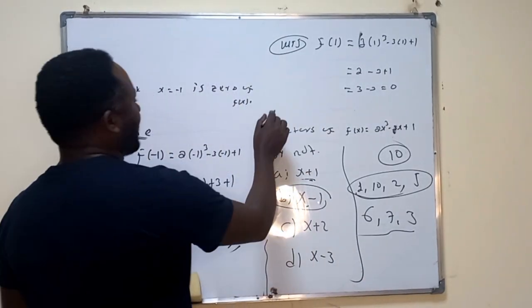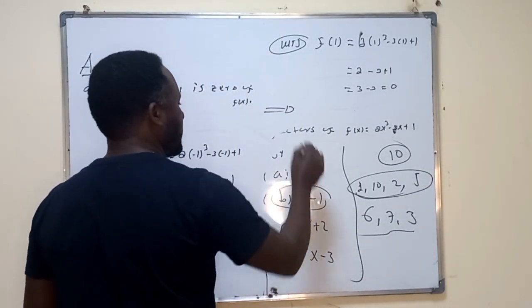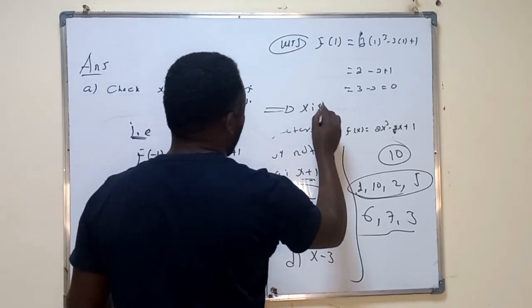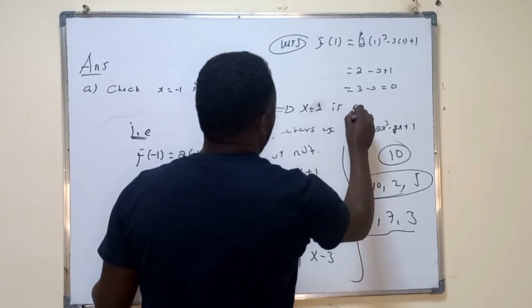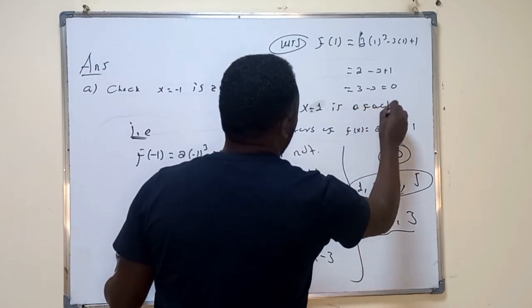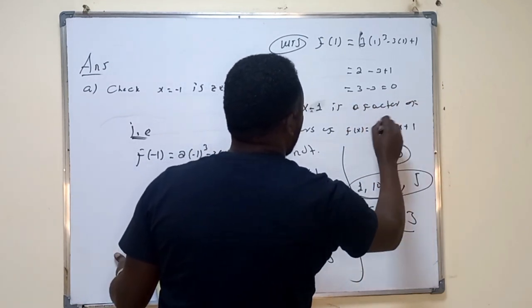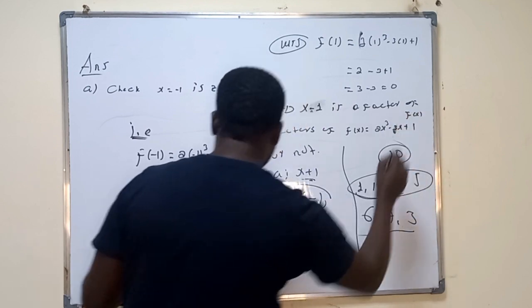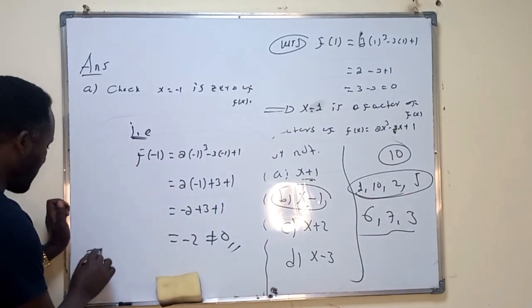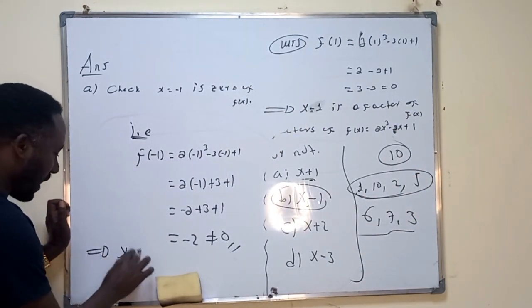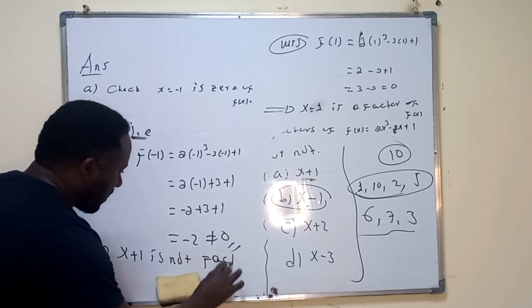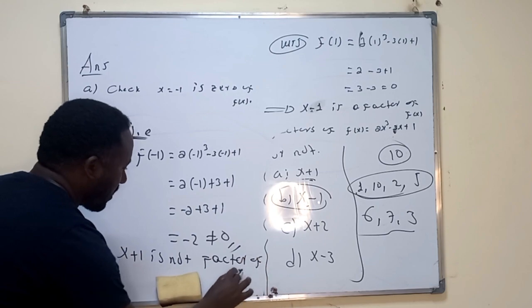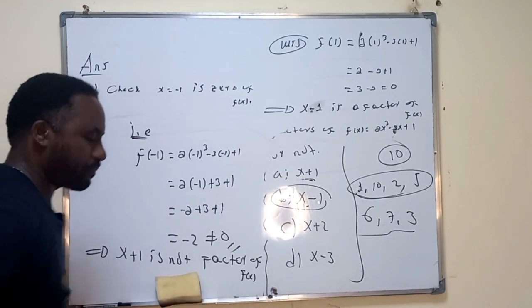So this implies that ይሄ የሚያሳየን ምንድነው? This is x minus 1 is what? I mean x minus 1 is a factor of ምን እንላለን? A factor of what? f of x እንላለን። But እዚህ ጋር ግን ምን አላልንም? This implies that x plus 1 is not what? Is not a factor of what? Factor of f of x. Thank you.